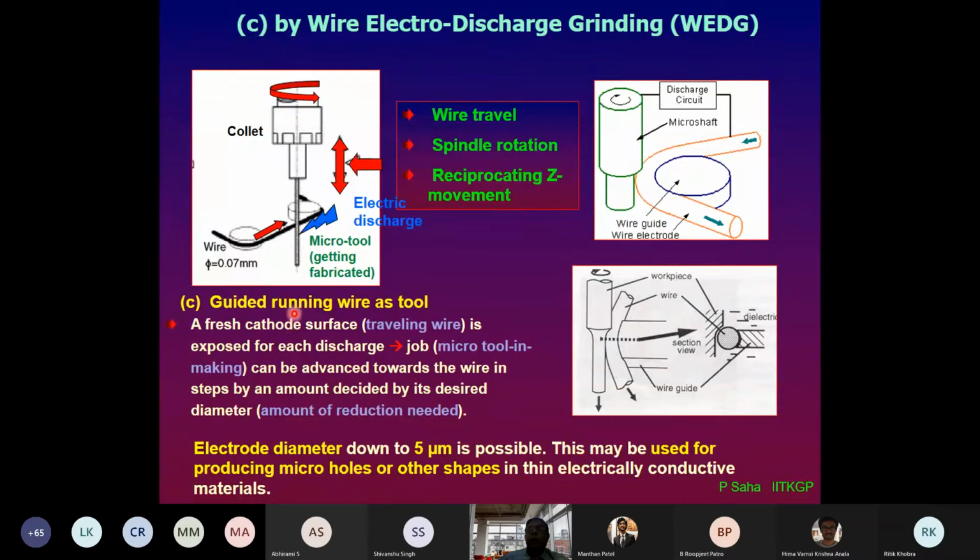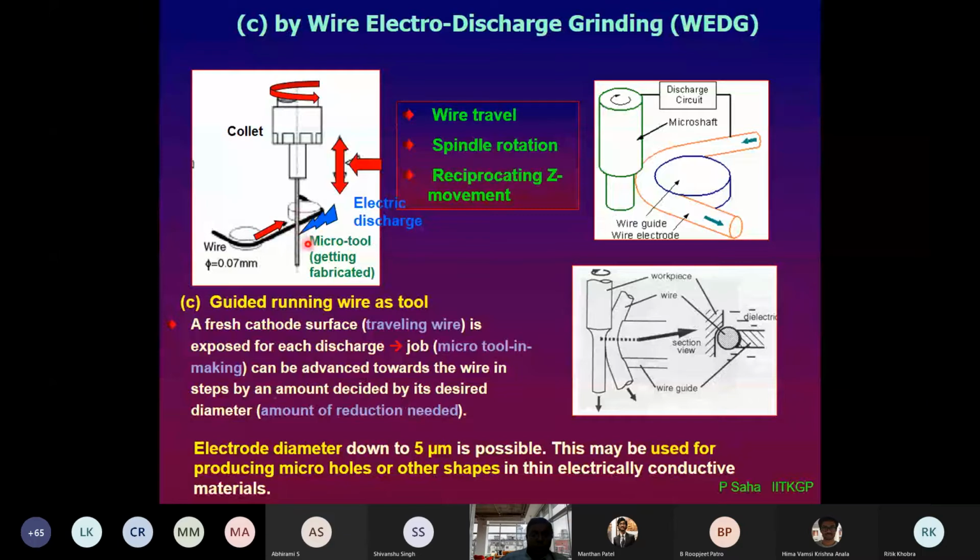The total reduction of the diameter is 1000 micron minus 500 micron, that is 500 micron. Now we can do this in 50 steps. Each step we can move by 10 micron, so that we advance towards the wire without touching, or I can move even smaller steps provided the gap is even smaller, because we have to ensure they do not touch each other.